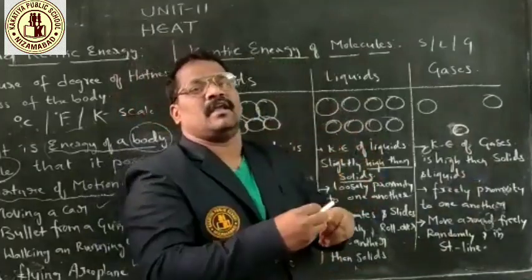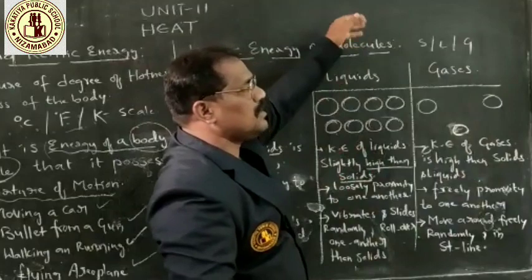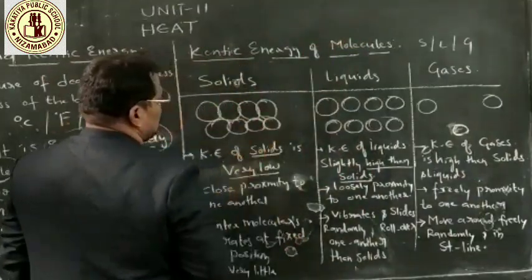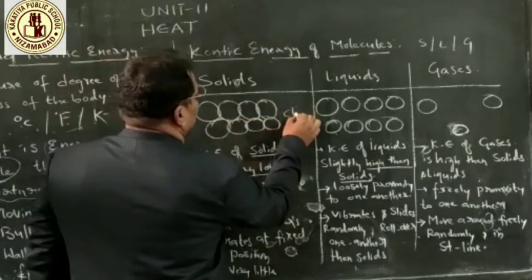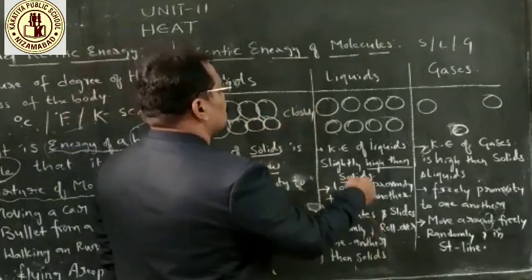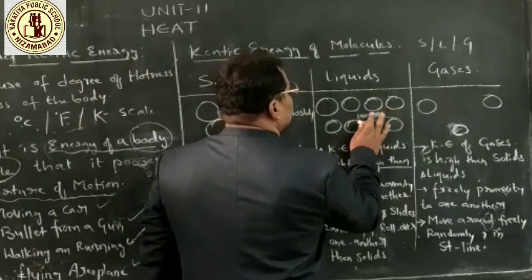How is that heat added when temperature is added to this molecule? Solid substances are very closely packed to each other. When it comes to liquid, the molecules are very loosely packed to each other.